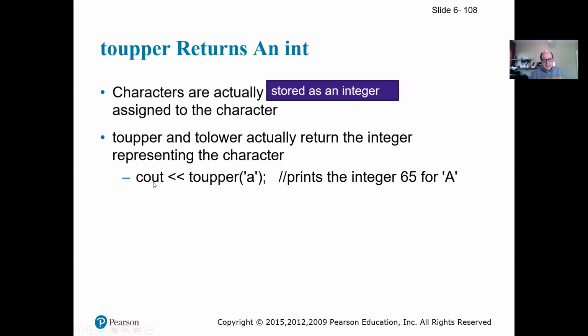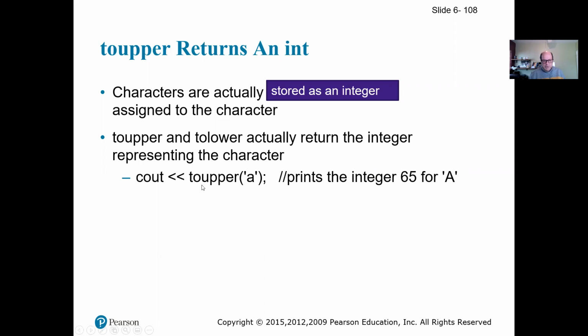If I do a cout on toupper, it gives me 65 for capital A. It changes the lowercase a, which was 97, to capital A, but it's not returning capital A, it's returning the number 65. So we have to be careful.